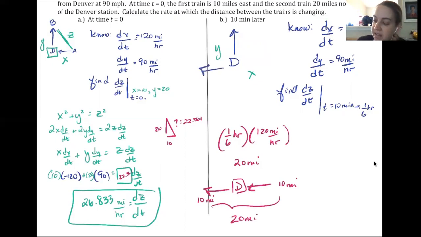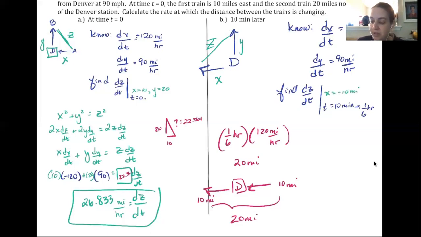So my X is now over here, and my hypotenuse is up here, and this is still Y. So my triangle has changed a little bit, and that's okay. But X is now equal to -10. So the distance is 10, but remember it's gone to the left of Denver. So X is equal to -10 miles.